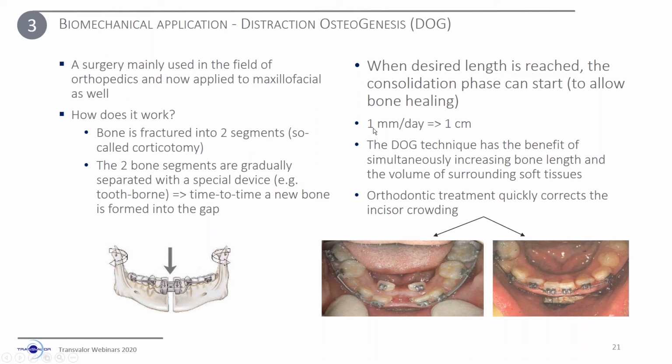So this technique has this extreme advantage of increasing both bone and surrounding soft tissues. And when we are reaching the right gap, the right clearance, we have enough space, then a classic orthodontic treatment is used in order to push the two incisors in their right position. So this is what we can see on the bottom right picture. So this is the context of the surgery.